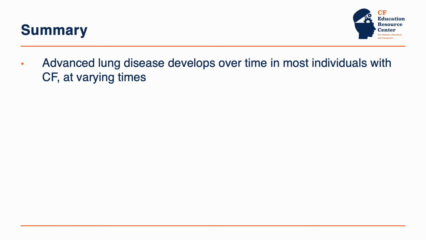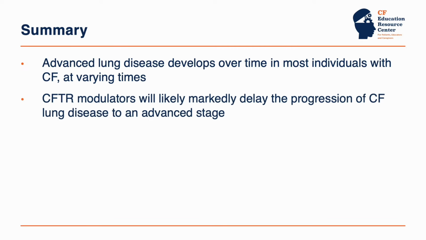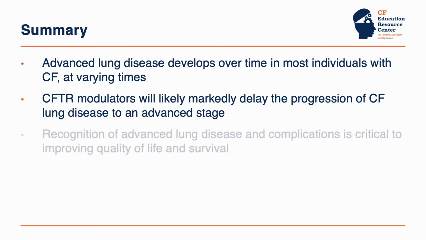So in summary, advanced CF lung disease develops over time in most individuals with CF, albeit at varying times. CFTR modulators will markedly delay the progression of CF lung disease. We've seen that now consistently, and it's likely that in the future, individuals who are started on CFTR modulators at a young age are likely to live into their 50s and 60s before a lung transplant becomes something that they would need to consider.